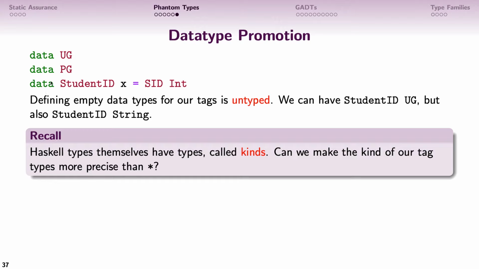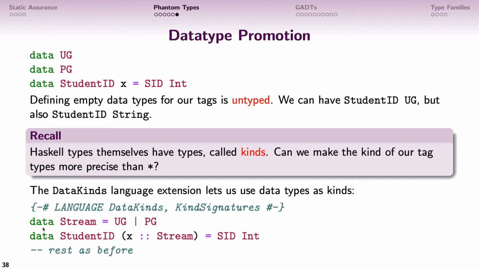So for example, I will define a data type here called stream, which is either undergraduate or postgraduate. And then using my kind signature, when I define the phantom type for student ID, I say that X is of kind stream. So I used a data type here as a kind. And that means that there are two possible types that I can have here, student ID of UG and student ID of PG.